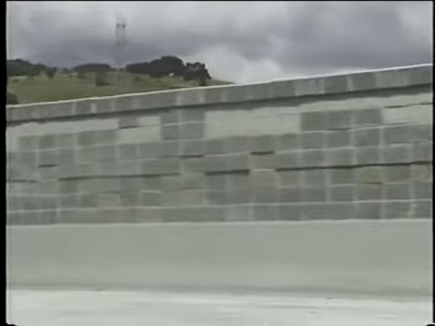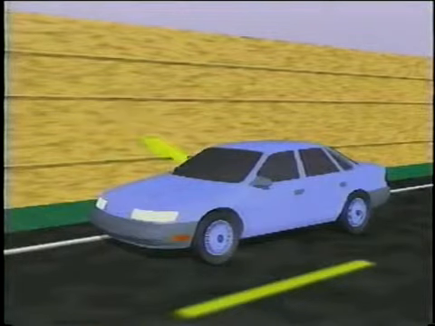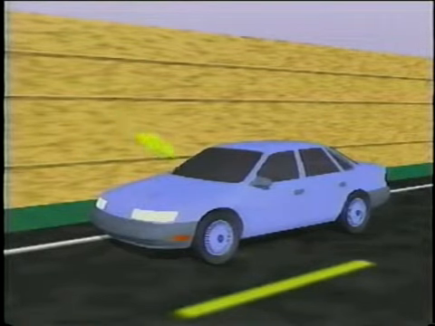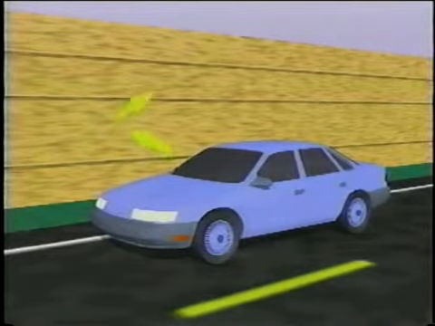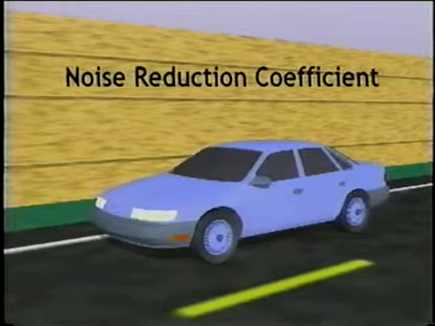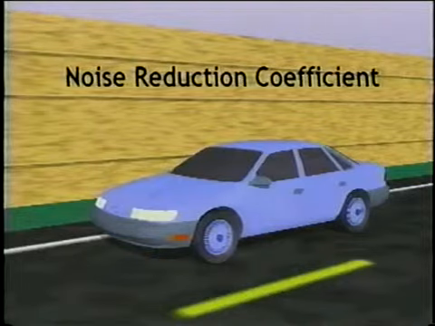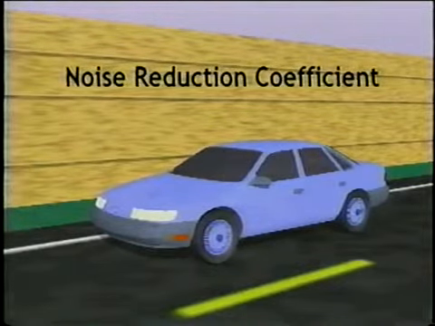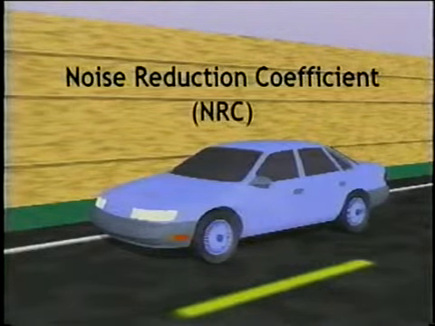As a general rule, the transmitted sound must be at least 10 dB lower as compared to the diffracted sound in order for it to be ignored. The remaining noise is either absorbed by the noise barrier material or reflected. The ability of a barrier's surface to absorb incident sound energy is characterized by its noise reduction coefficient, abbreviated NRC.